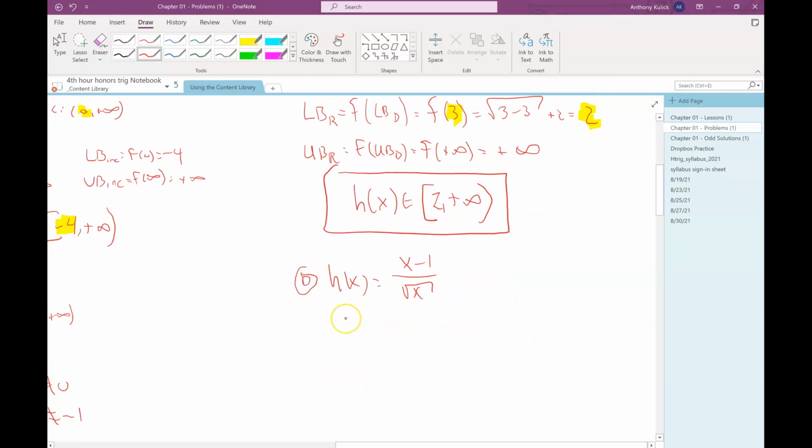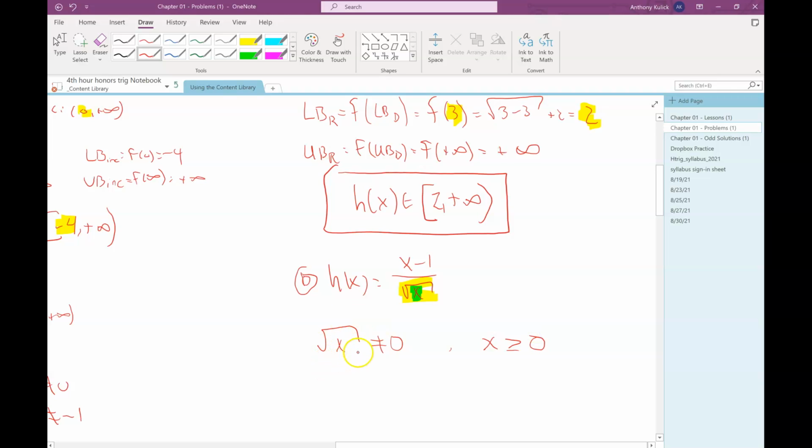So again, the implicit domain is all real numbers. If I look at what's going on, though, I see I have subtraction, who cares? Division, well, that's an issue. So the division, I know the denominator cannot equal 0. And I have a square root, and I know that the stuff under the square root has to be non-negative.